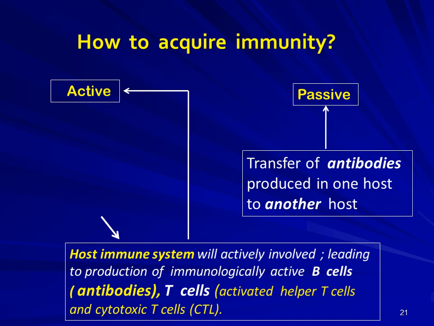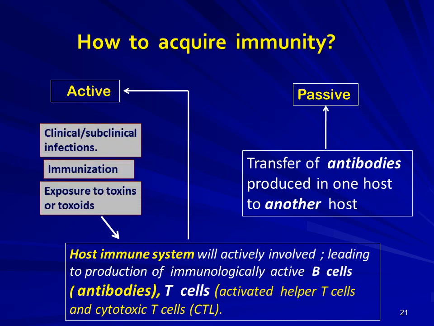If you see here, we have acquired immunity of two types, active and passive acquired immunity. In active acquired immunity, when the individual is exposed to microbes, either clinically or in subclinical doses, or by means of immunization, or exposed to toxins or toxoids, the host immune system gets activated, leading to the production of immunologically active B lymphocytes and sensitized T lymphocytes.